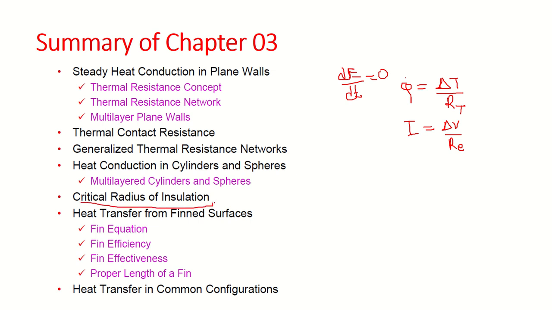It has a major impact in the case of cylinders and spheres, because for a plane wall it doesn't make any difference: as the insulation increases, it's much better and the rate of heat transfer will decrease. But for cylinders and spheres, initially it will increase until we reach the critical radius. Because as you increase the insulation, what is also going to increase? The rate of heat transfer will increase until it reaches Qmax, and after that it will decrease.